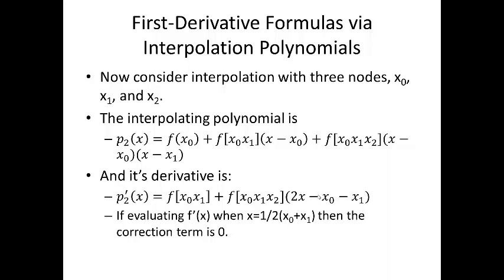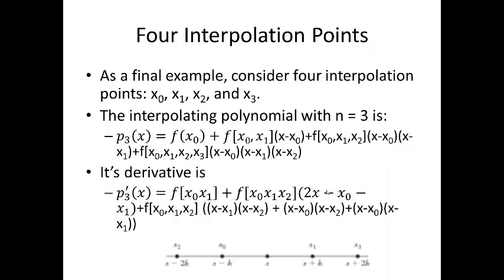Now let's take a look at four interpolation points. As a final example, consider four interpolation points x0, x1, x2, x3. The interpolating polynomial of degree at most 3 is given by p3 of x, which you can see here. And we can calculate its derivative. This is called the central difference with four nodes.